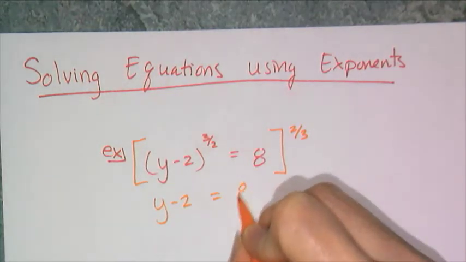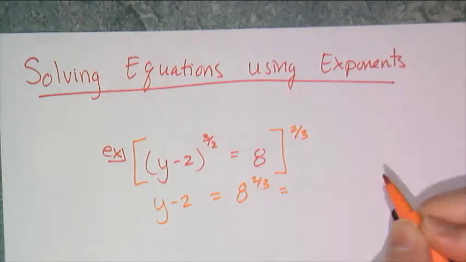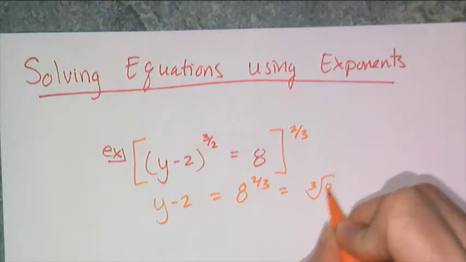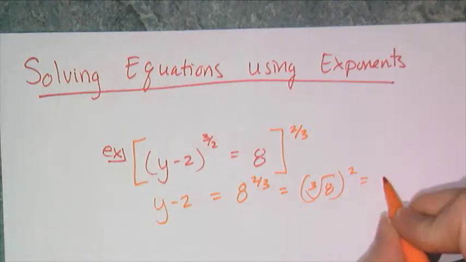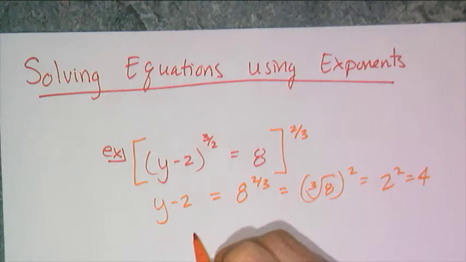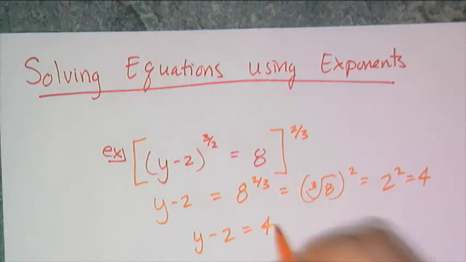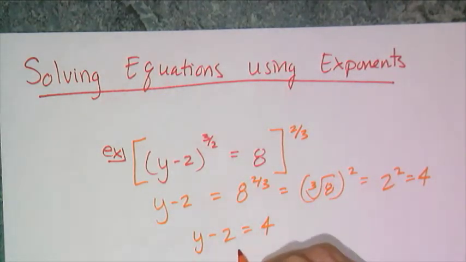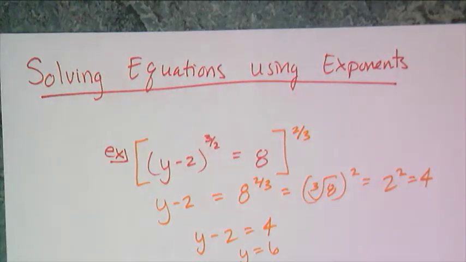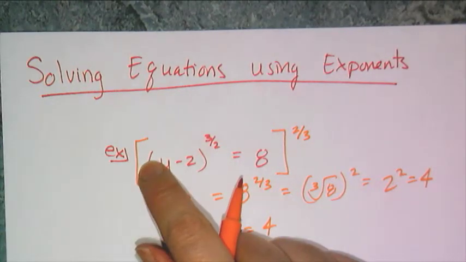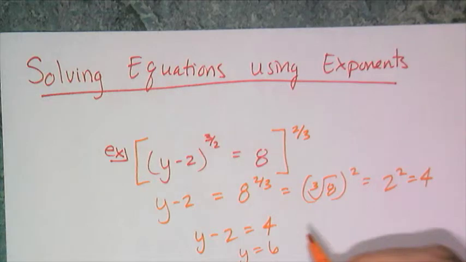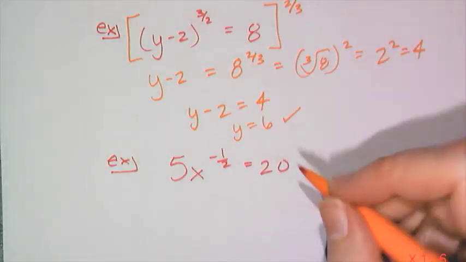And if I raise 8 to the 2/3 power, I get cube root of 8 squared, which is 2 squared, or 4. And then I have a very simple linear equation, y minus 2 equals 4, and I get y equals 6, which I can then just plug in to make sure that it's not extraneous and does indeed work, and it does.